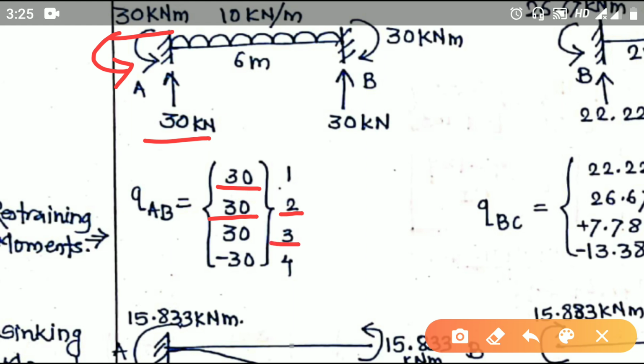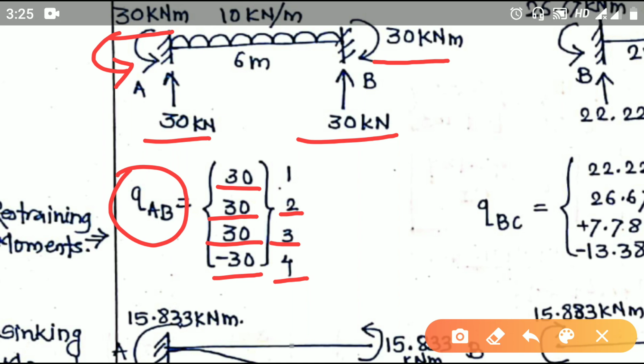Number 3 corresponds to the translation at B. The corresponding action is the reaction at B, that is this 30. And the fourth degree of freedom is the rotation at B. The corresponding action is the moment at B. That is clockwise, so minus 30 is written here. This way you complete the QAB matrix.